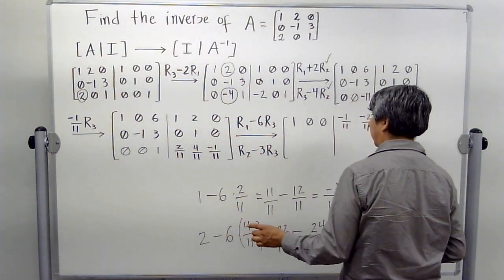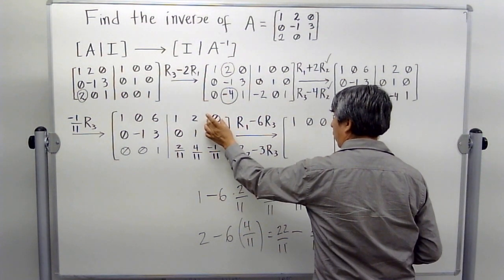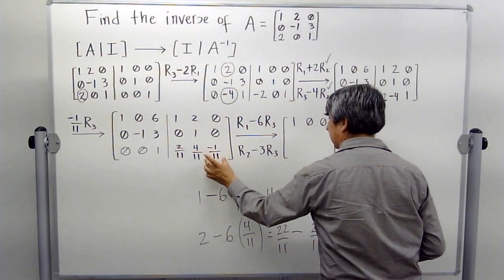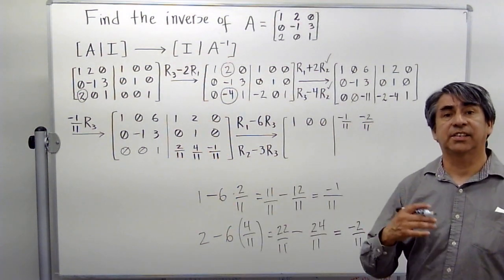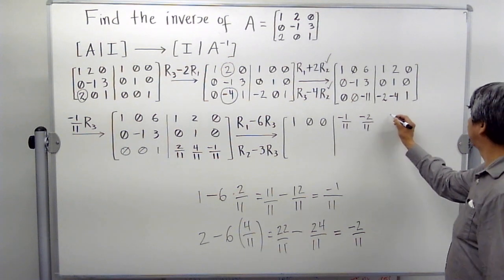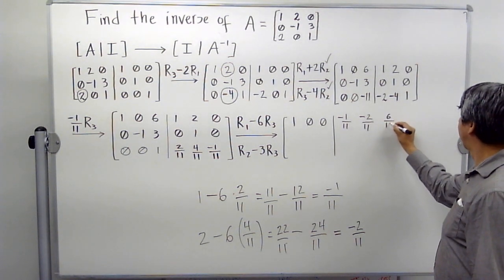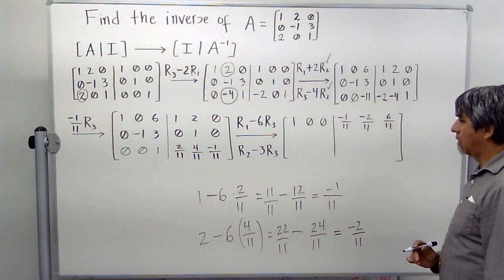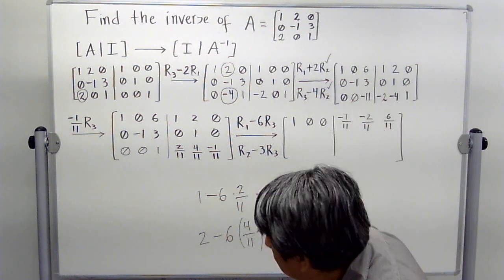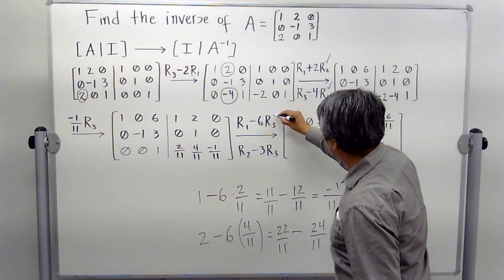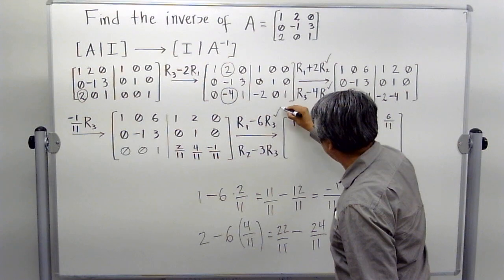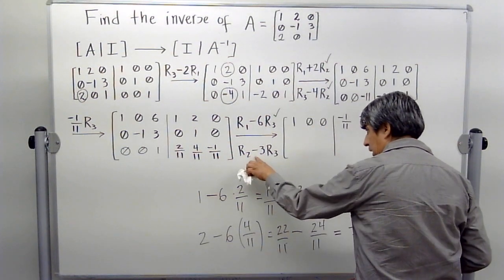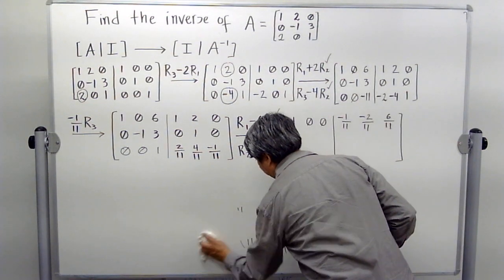Then we have 0 minus 6 times negative 1 over 11 is 6 over 11. So our first elementary row operation has been completed. Now let's take care of the second one.